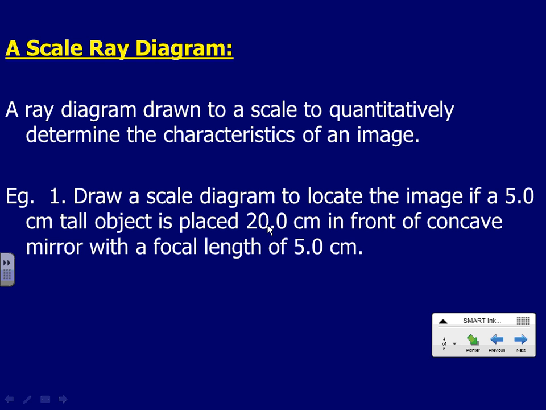And what other ray would you like to use? It doesn't matter which one. I'll take a suggestion from somebody. Where would you like our second ray to go? Through F? A ray through F? How does it emerge? Parallel?